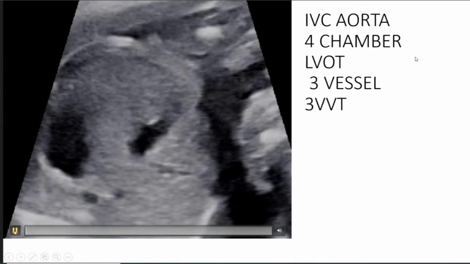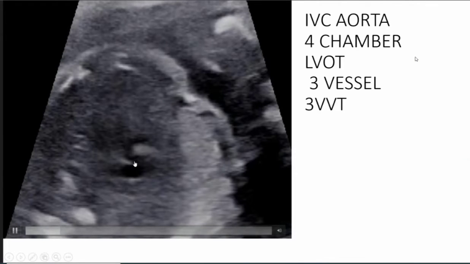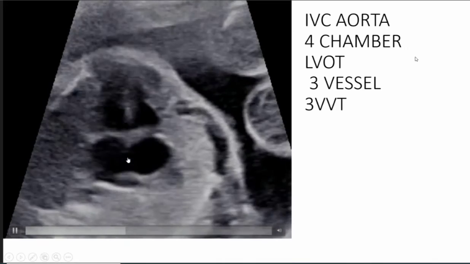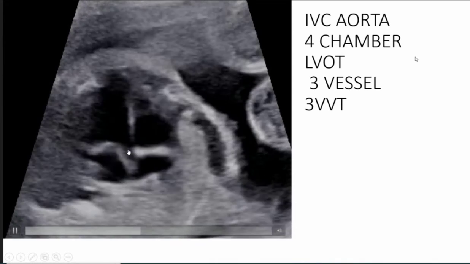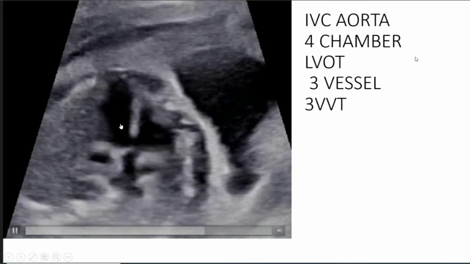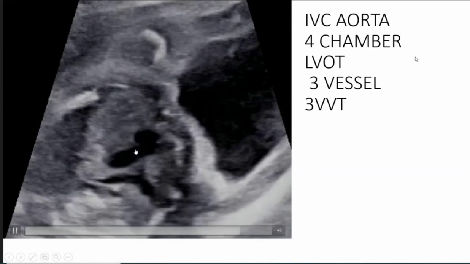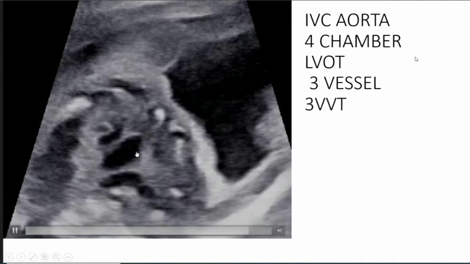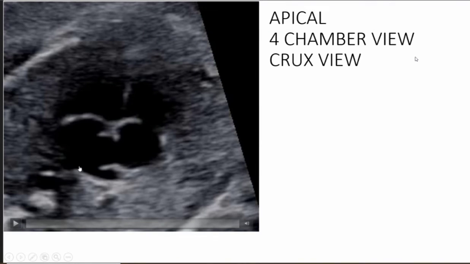I will run it for you. That's the IVC entering the right atrium. This is the left atrium, pulmonary veins entering left atrium. That's the crux of the heart. Now the 5th chamber, which is the ascending aorta, is coming out from the left ventricle. This is right ventricle. Then we have the 3-vessel view and the 3-vessel tracheal view.